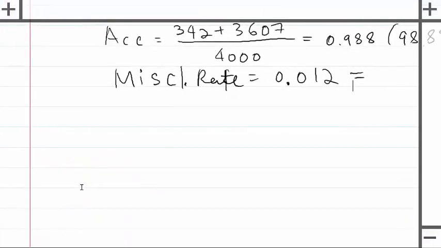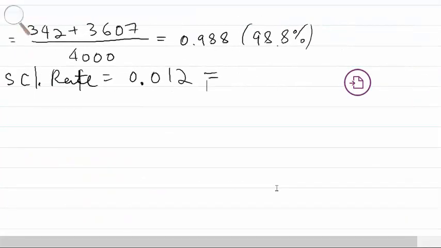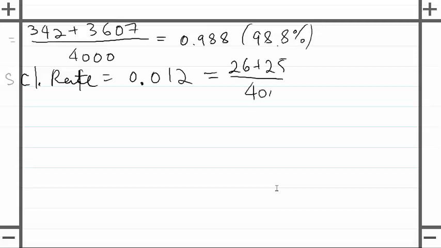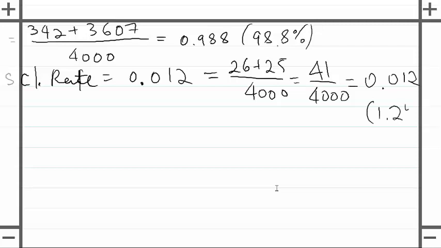So really, I have 26 plus 25 divided by the same 4,000, or 41 out of 4,000. And if you do the math, you will end up with 0.012. So 1.2% of my observations, my model is misclassifying, classifies incorrectly.